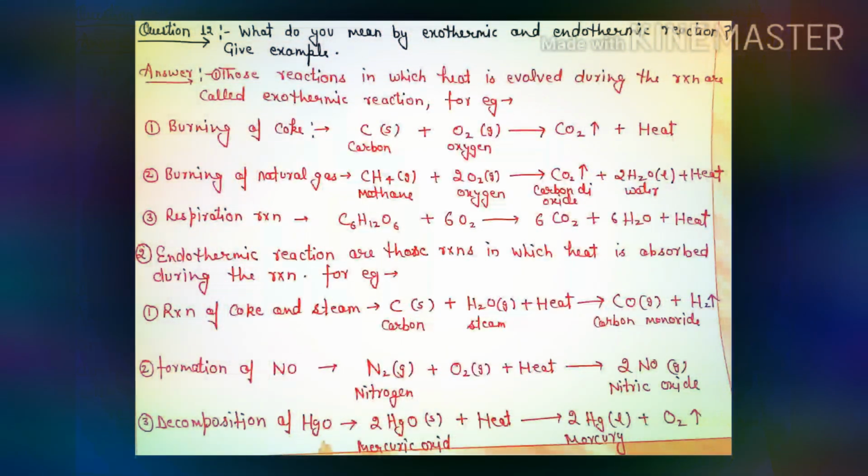Question number 12: what do you mean by exothermic and endothermic reactions? Give example. This is a very important question, so learn it well. Those reactions in which heat is evolved during the reaction are called exothermic reactions. For example, burning of coke, burning of natural gas and respiration reactions are already given, so you can learn them from here.